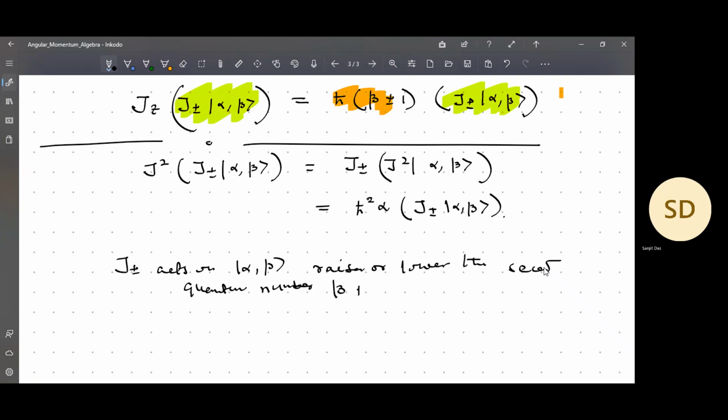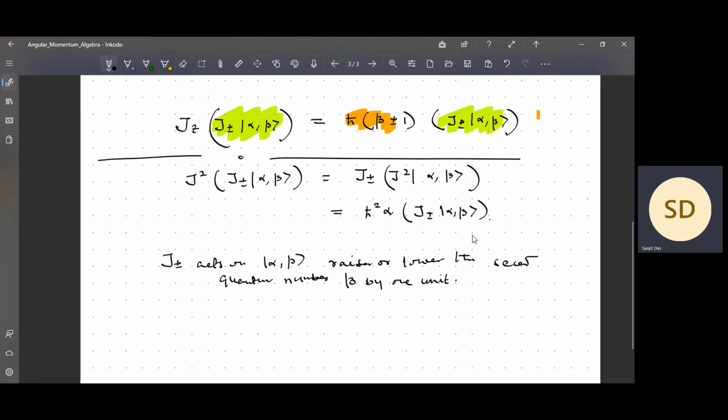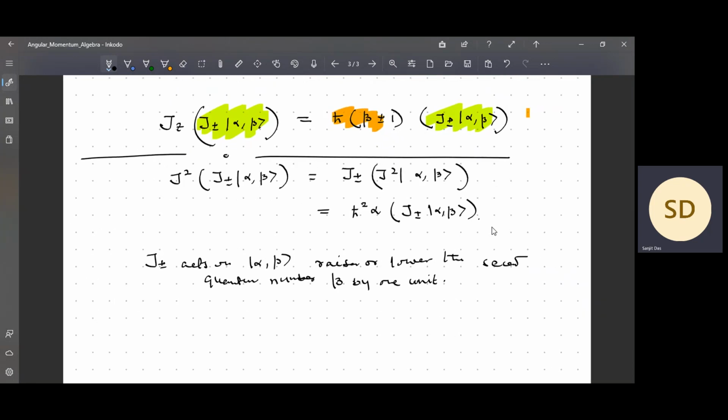beta by 1 unit. And if you remember, this is very much similar to the raising and lowering operators, the annihilation operator or creation operator. So you can write that J plus minus acting on alpha beta is proportional to alpha, beta plus minus 1, or some constant c plus minus times alpha, beta plus minus 1.